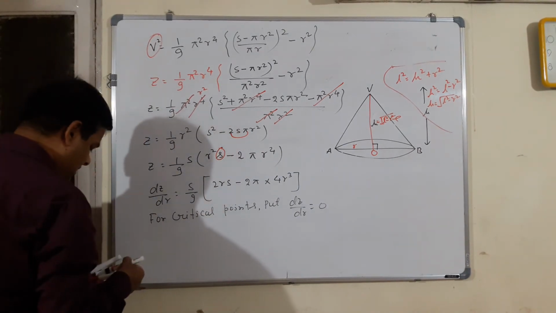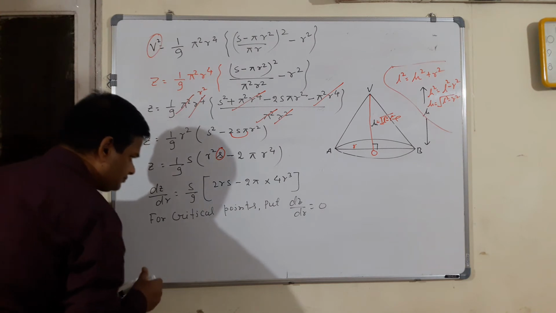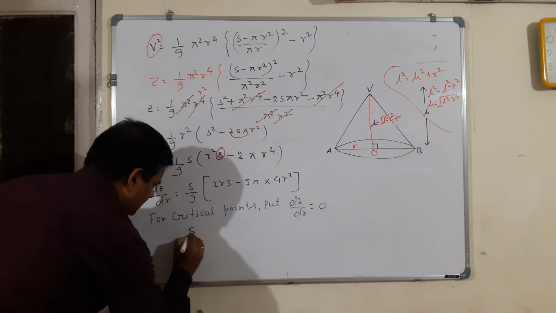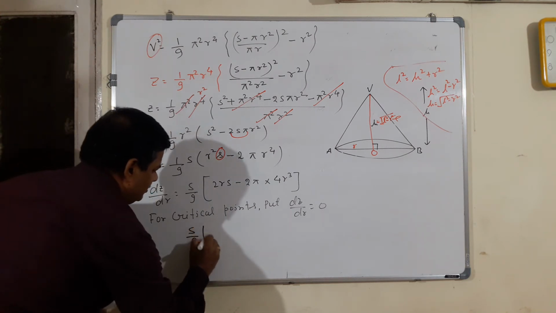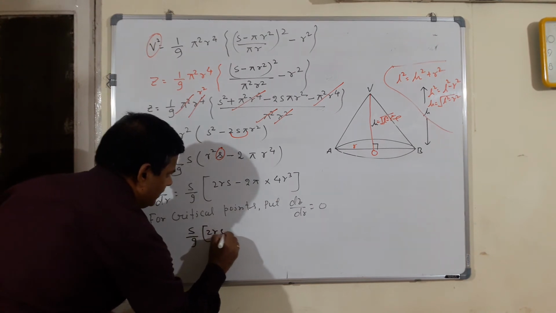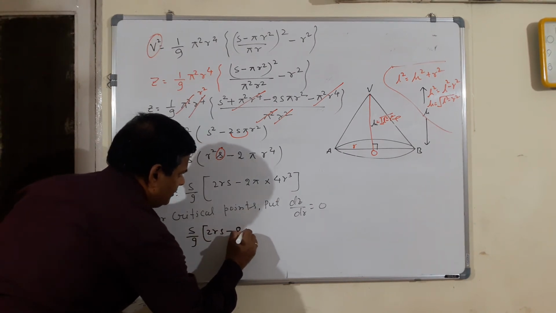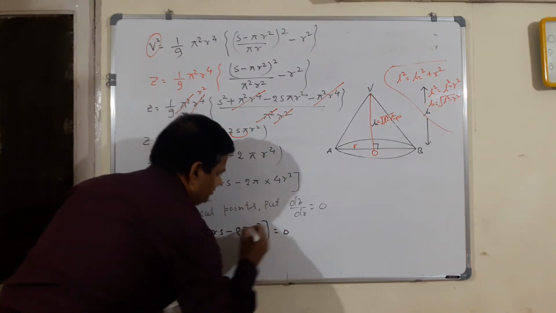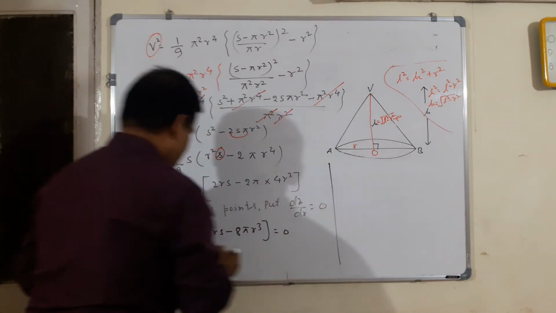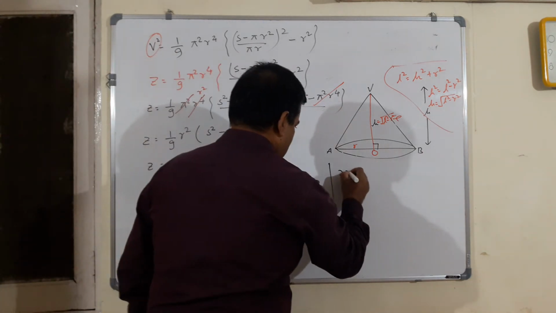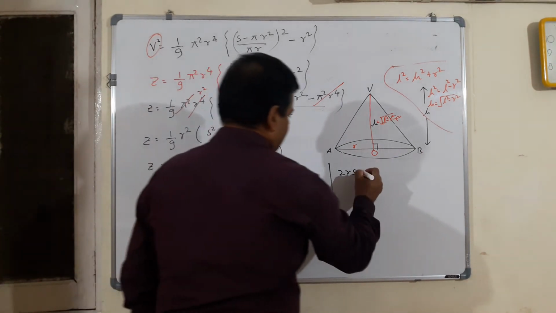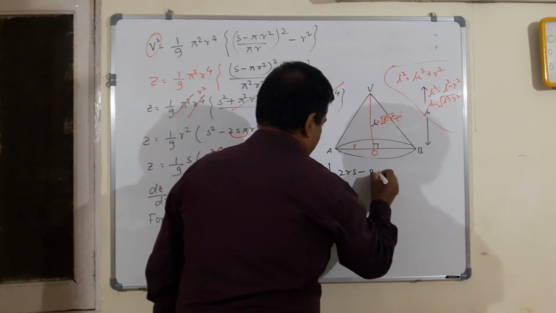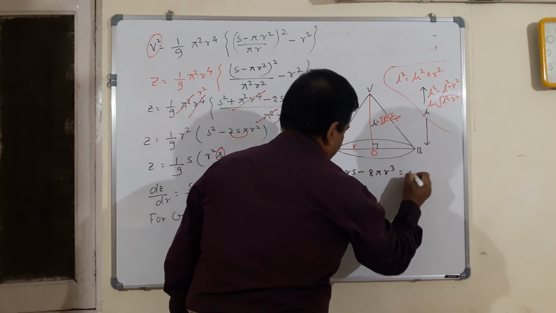So s by 9 into 2rs minus 8 pi r cube is equal to 0. So see here, 2rs minus 8 pi r cube is equal to 0.